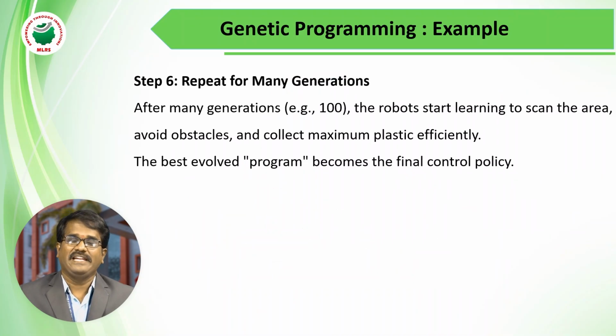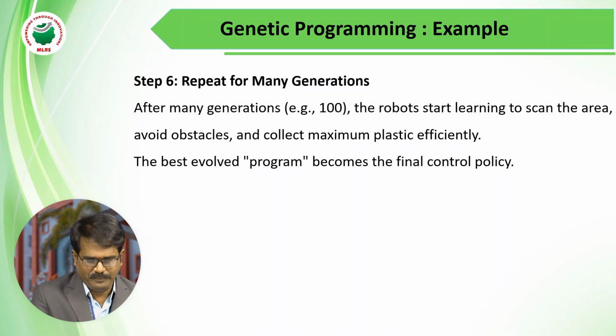Repeat for many generations. This process is continuous, from step 2 to step 6. We need to perform all the operations a number of times. We need to mix up the good programs to generate new programs, until the specified criteria are met or until we get a good program. With the help of that good program, the plastic navigation robot can work efficiently.